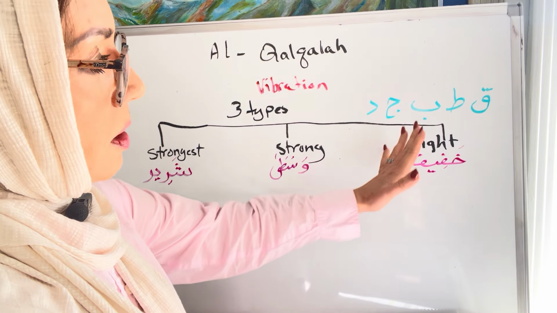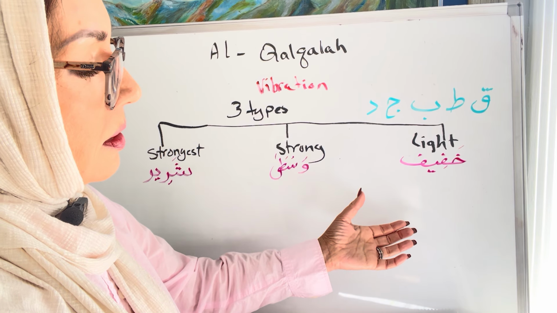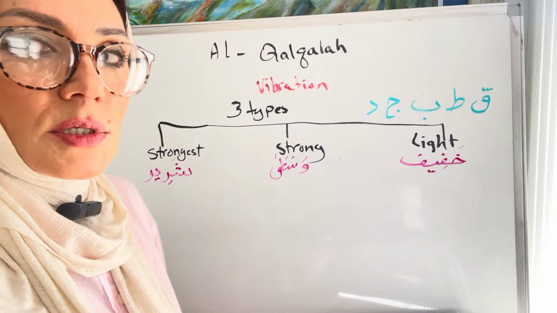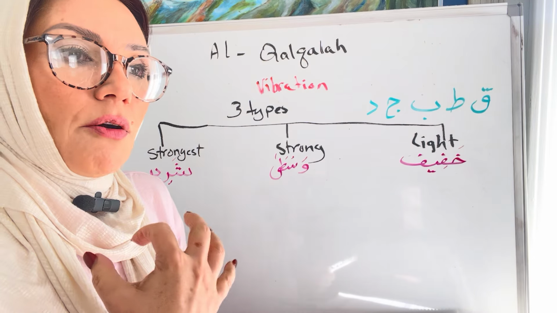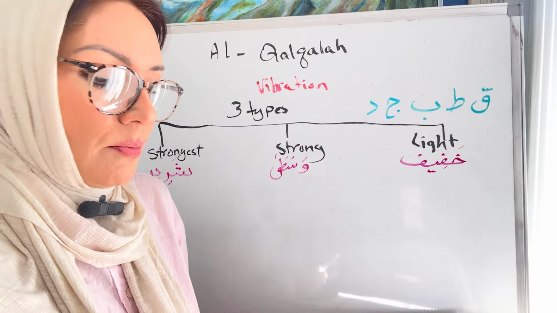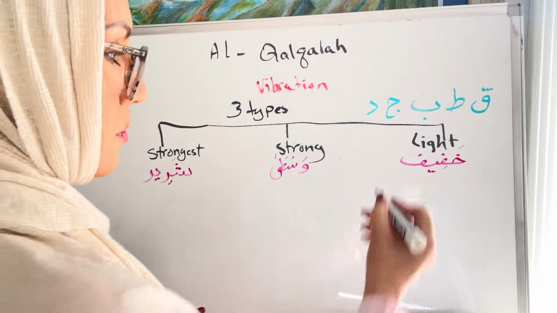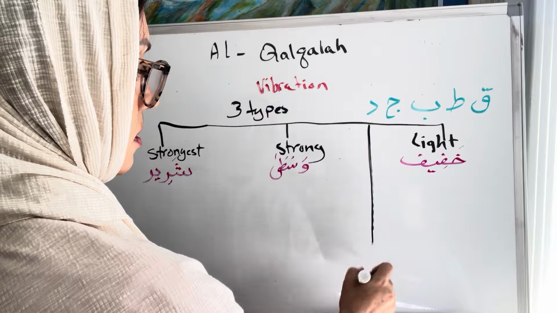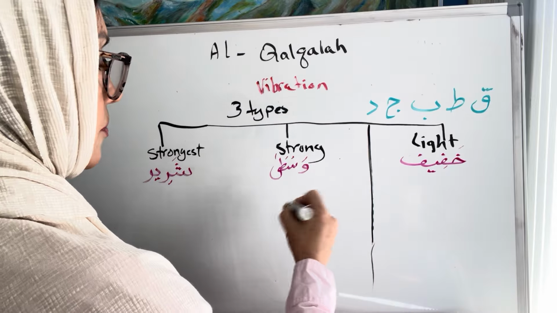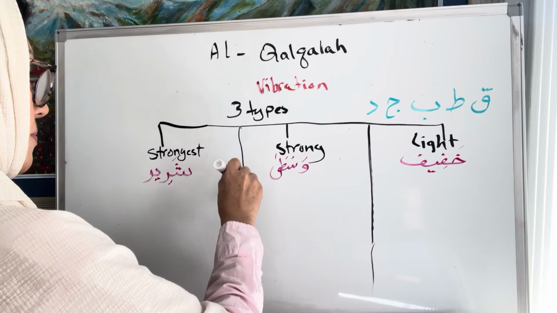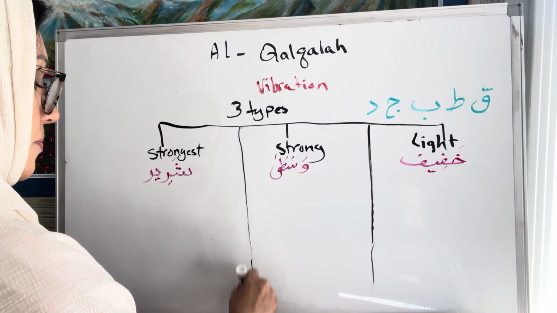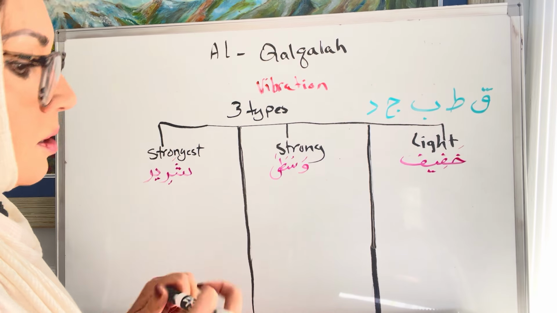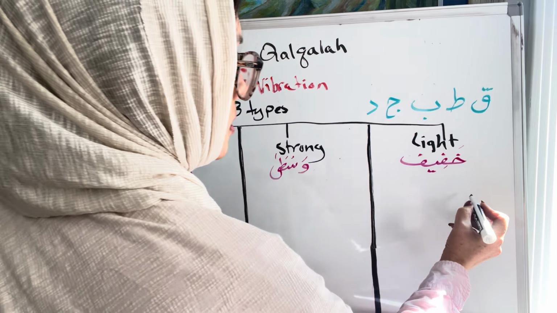Now, when we talk about the light qalqala, this category always comes in the middle of the sentence or the ayah. So we have the word صدرك.